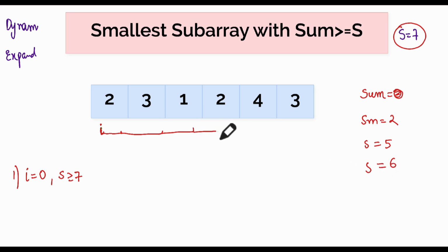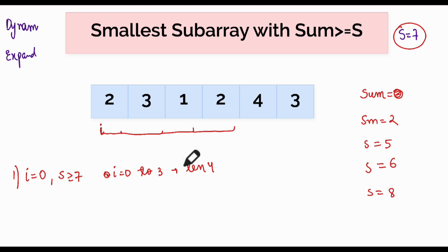But once I move here, my sum becomes 8, which is greater than equal to 7. So my window is I from 0 to 3, so total length is equal to 4. So I have found my first array which has sum at least greater than equal to 7.